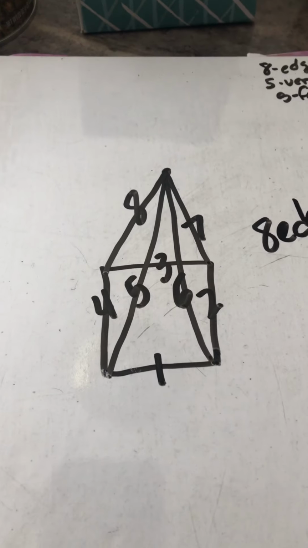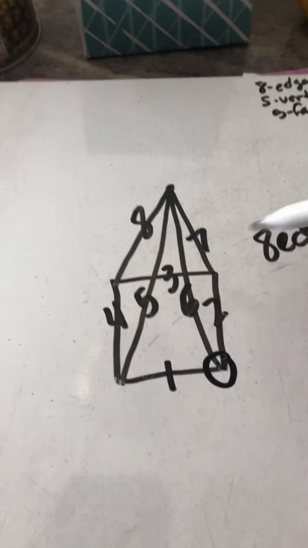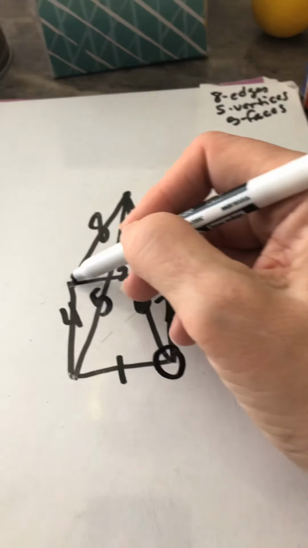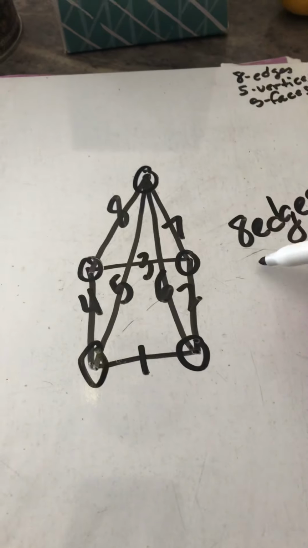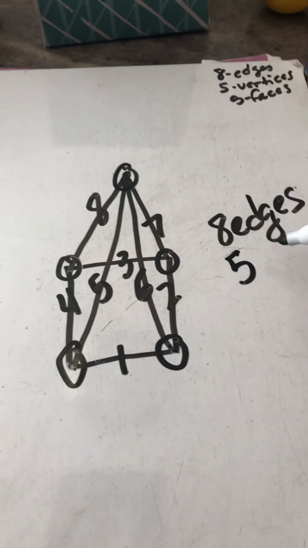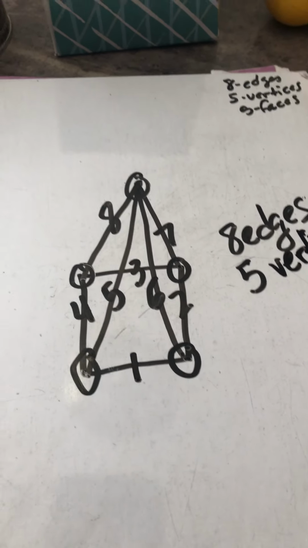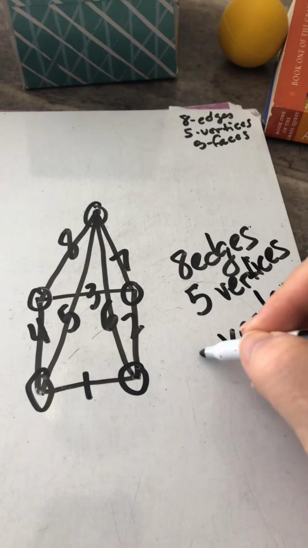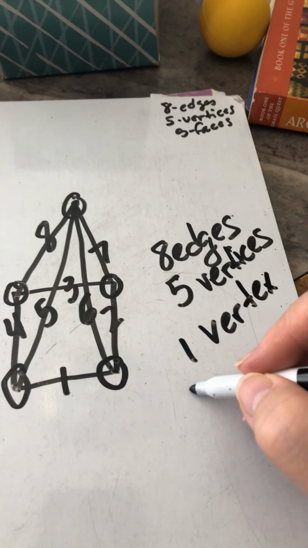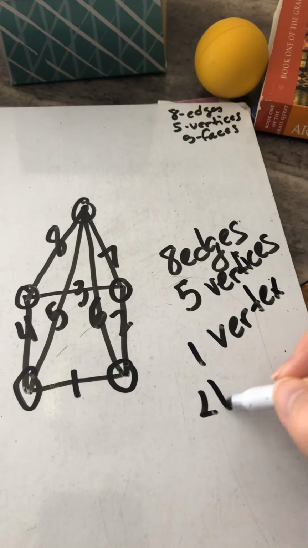Then the book also asks, how many vertices are there? Well, I'm going to circle the vertices. 1, 2, 3, 4, 5. So a square pyramid has 5 vertices. A vertex is 1. If you have greater than 1, it's vertices.